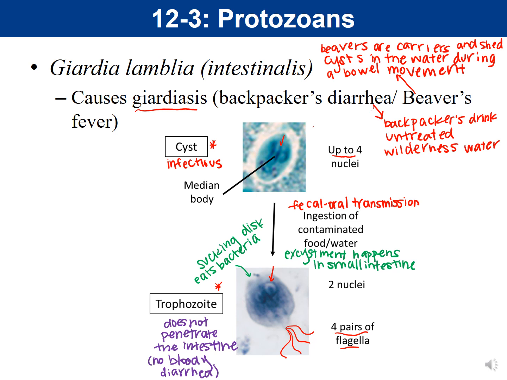Now, in terms of symptoms, so let's talk about our symptoms. So acute giardiasis develops after an incubation period of about 1 to 14 days. So typically this is going to happen on average at about 7 days. So about 7 days after you ingest this is when you would start to see symptoms of giardiasis.